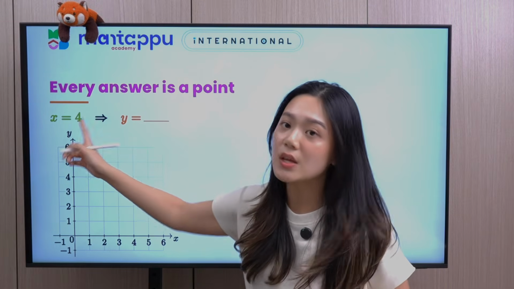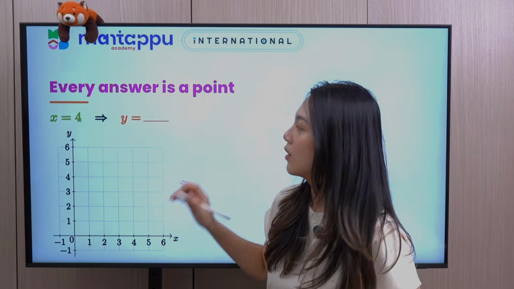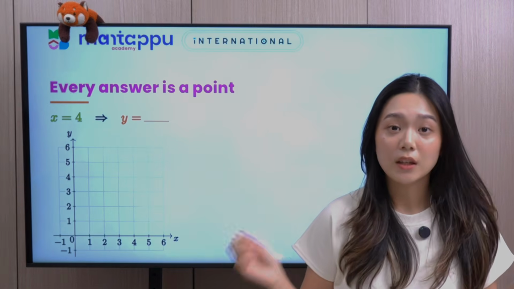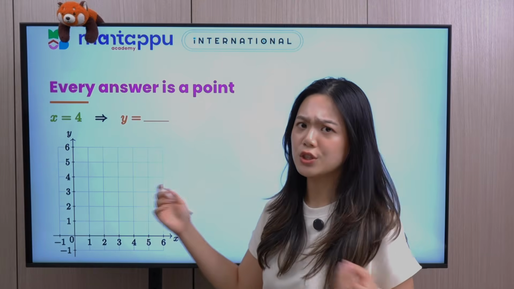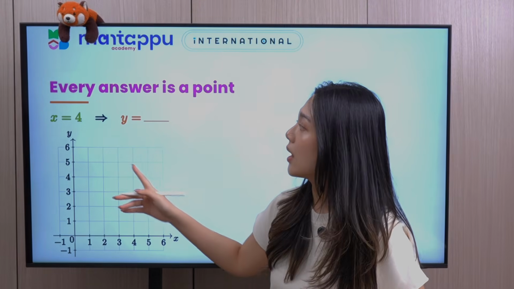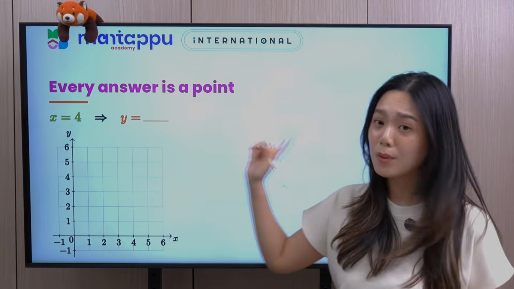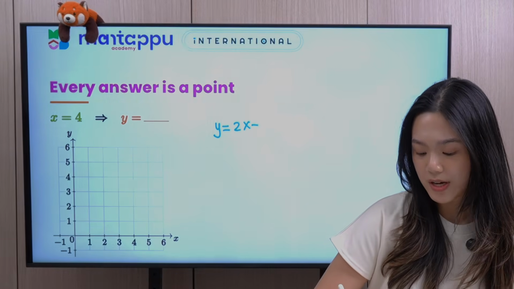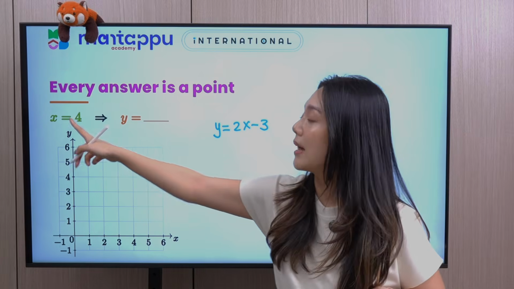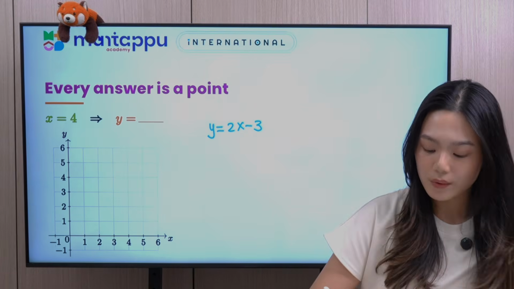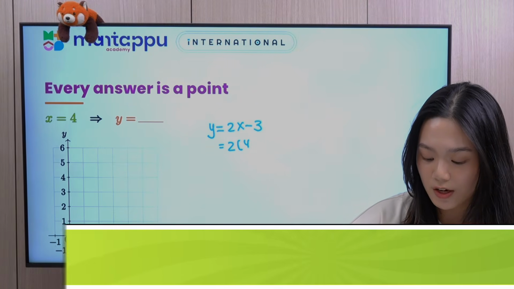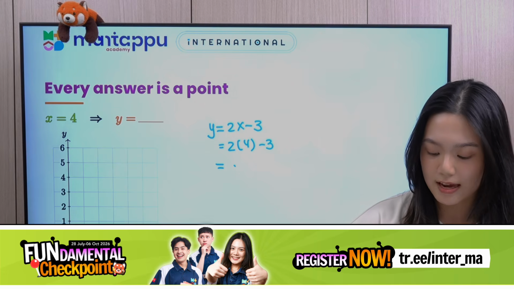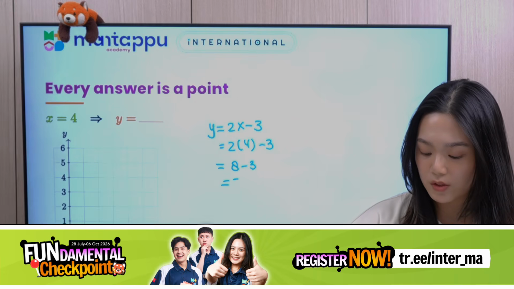So let's take x equals 4 as an example. You can actually take any random values for x, 0, 1, or 2, whatever you want, but here I'm putting in x equals 4. Remember our initial equation, y equals 2x minus 3. Now we substitute in when x equals 4. So now we will have 2 times 4 minus 3, which is 8 minus 3, equals 5.